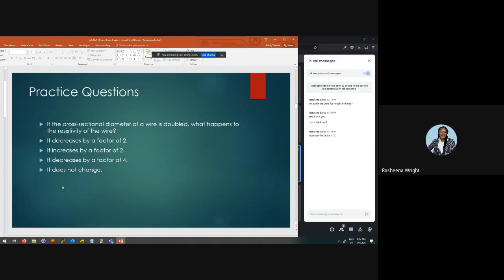Decreases by a factor of 4. All right, we have increases by 2, decreases by 4. It actually does not change. The question said resistivity, and remember, resistivity is rho. Resistance equals resistivity times length over area. Resistivity is a material property, so it doesn't depend on how we shape the material. It depends on things like temperature, but the length and area do not affect that.